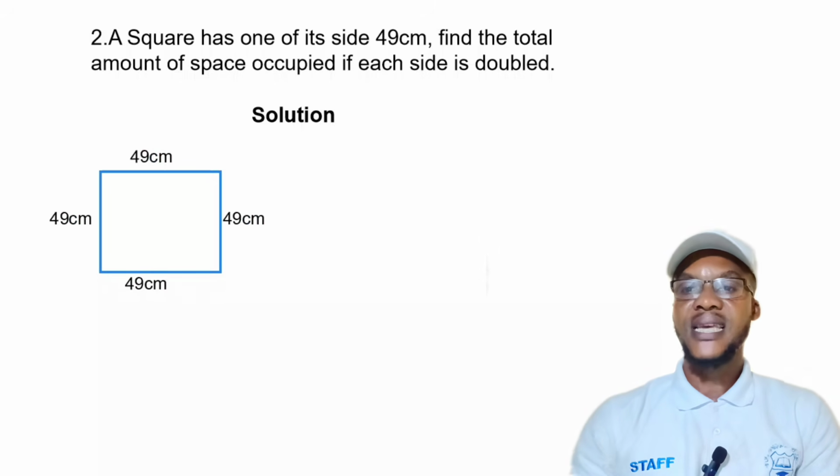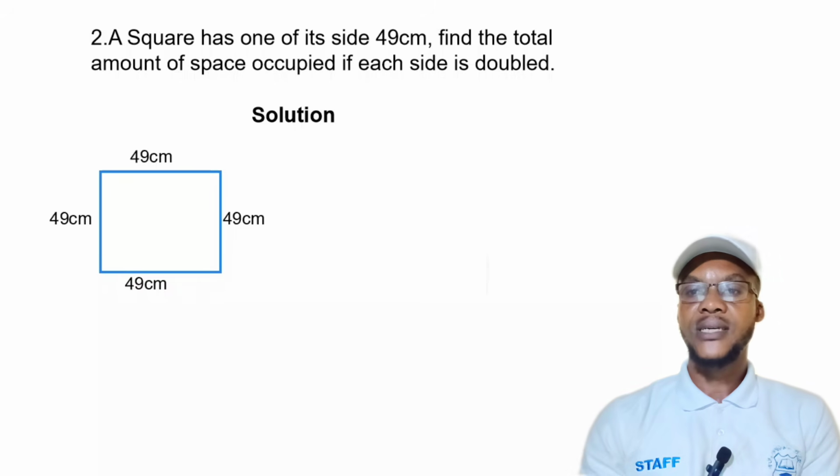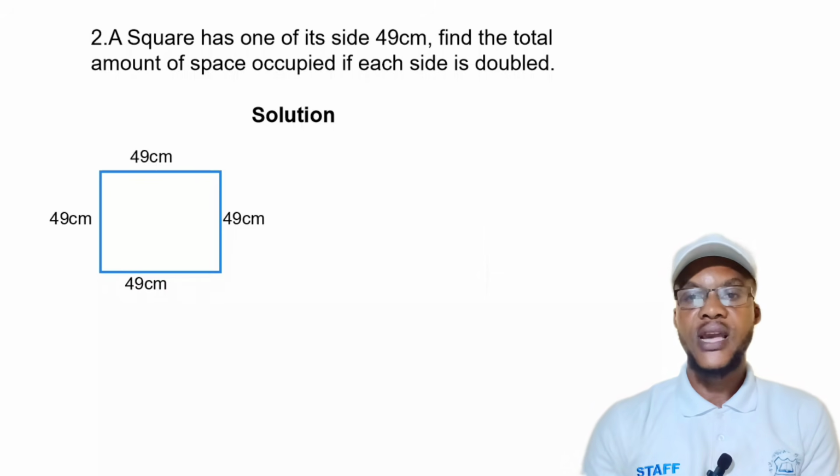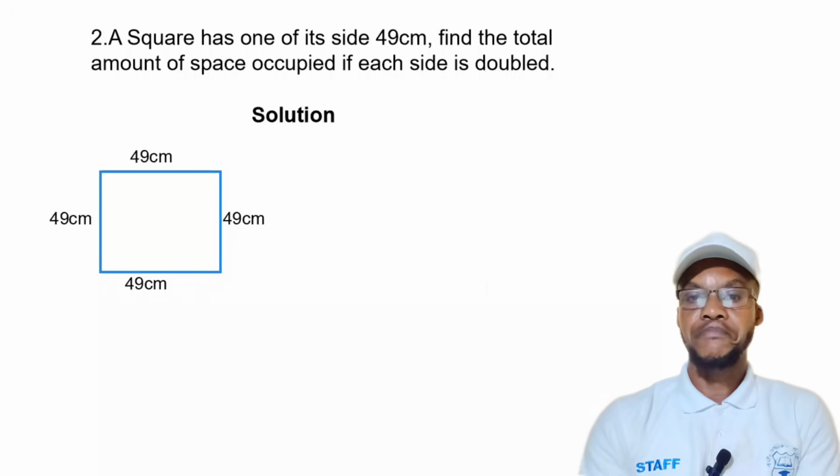And we are saying that we should find the total amount of space. Now, remember when we were doing area, we said that area is the total amount of space occupied in a given shape. So once you identify such a statement, what comes to mind is that you are going to find out the area of that given shape.